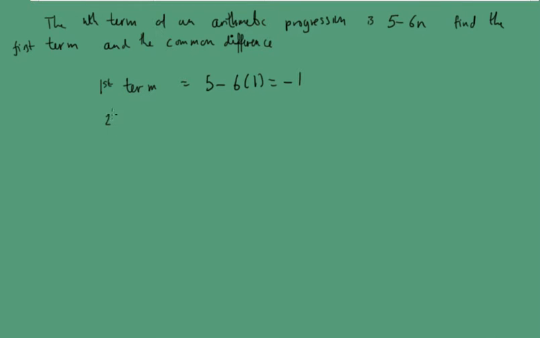And the second term, 5 minus 6 times 2 equals minus 7. So the common difference must be minus 7 minus minus 1, which is minus 6.